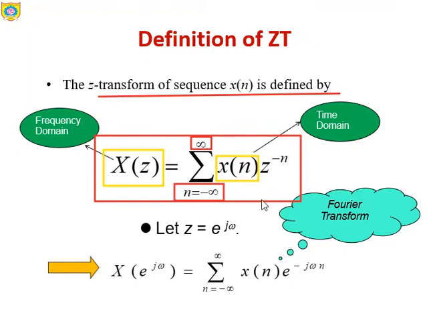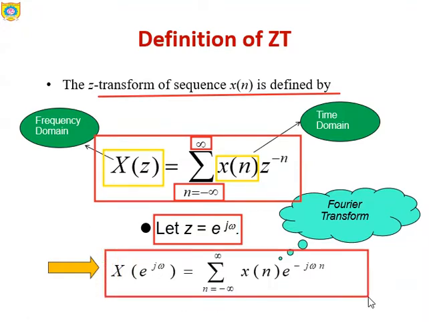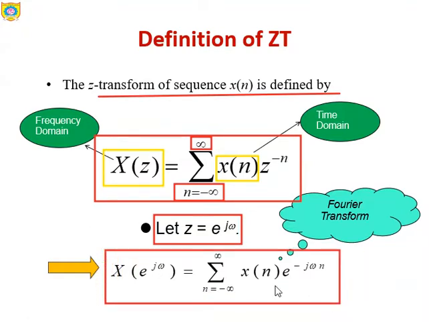Now, in other words, if someone wants to correlate the Fourier transform with the Z transform, it can be simply obtained by putting z is equal to e raised to j omega and seeing the effect. This is nothing but the equation of the Fourier transform.